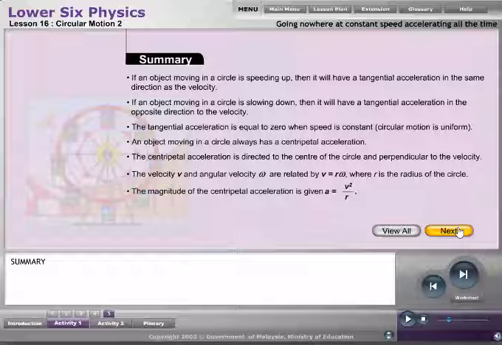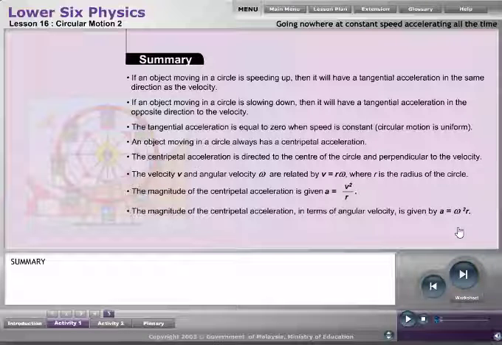The magnitude of the centripetal acceleration is given by a equals v squared over r. The magnitude of the centripetal acceleration in terms of angular velocity is given by a equals omega squared r.